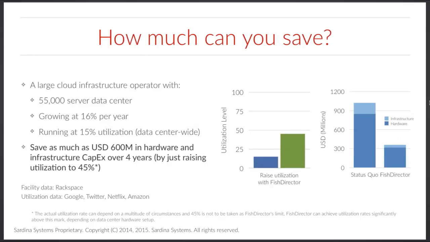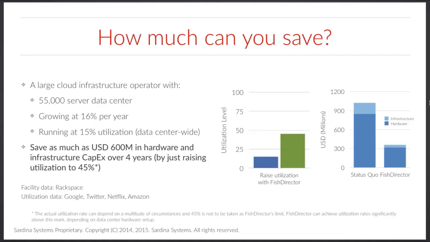On the CapEx side, again, with a 55,000 server facility catering to workload growing at 16% a year, also running at 50% utilization across the facility, using models from a large operator which spent in the order of $1 billion over 4 years in hardware infrastructure CapEx.